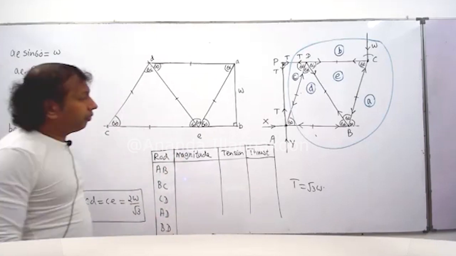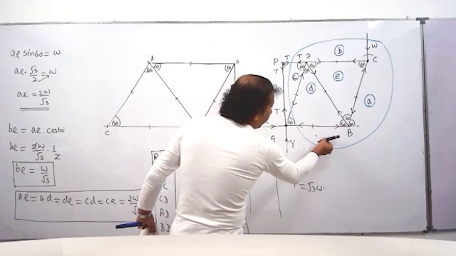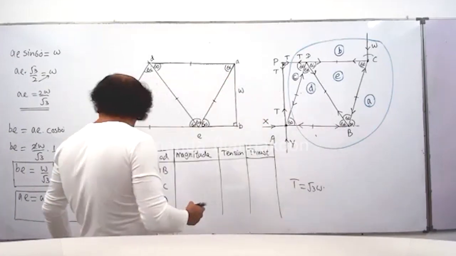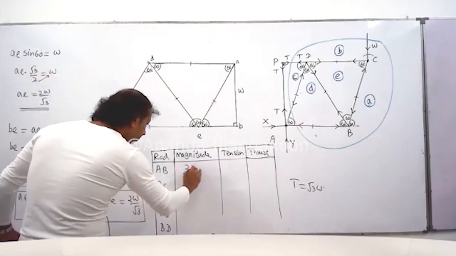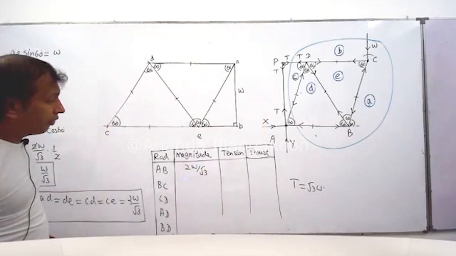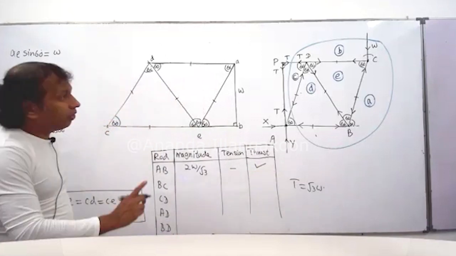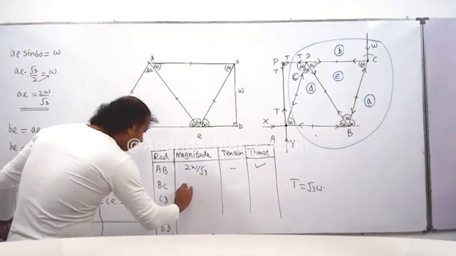AB rod, here, this is a rod. Its force is given by this region A, this region D, DA or AD. Here it is AD, 2W over root 3. In that rod AB, there is a thrust. BC rod is given by AE, 2W over root 3 again.